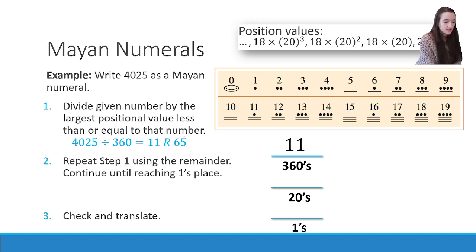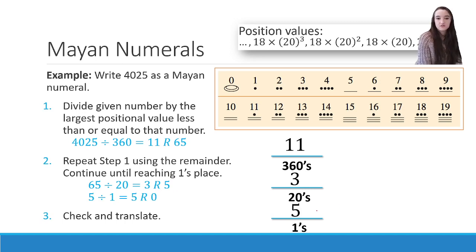So now I take 65 and I repeat: 65 divided by 20. 65 divided by 20 is 3 with a remainder of 5. This one we might be able to figure out on our own without the calculator. That 3 times 20 is 60, and there's 5 left over. So 3 remainder 5. So we place the 3 in the 20s position, and we take the 5 down to the 1s. 5 divided by 1 is, of course, just 5, so that will be my last place value.